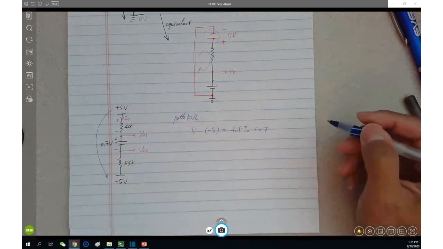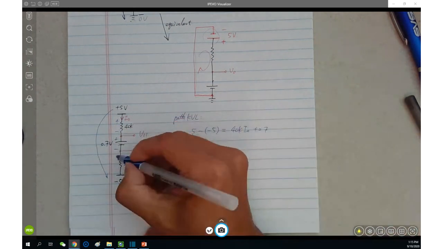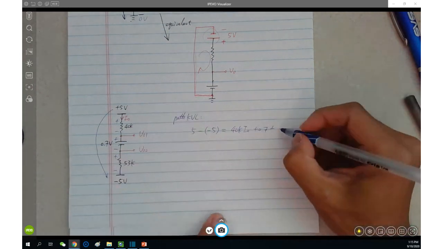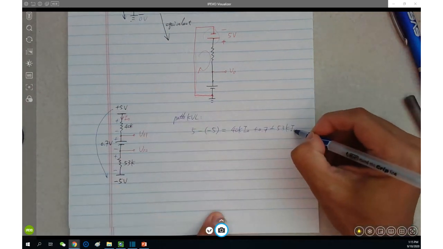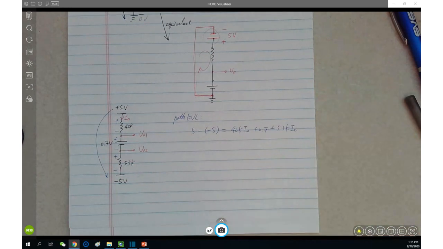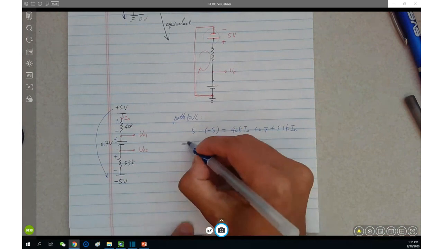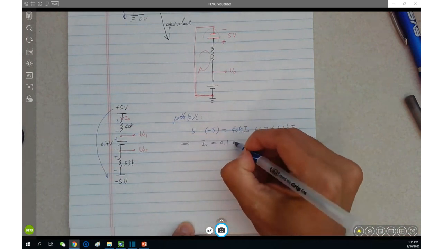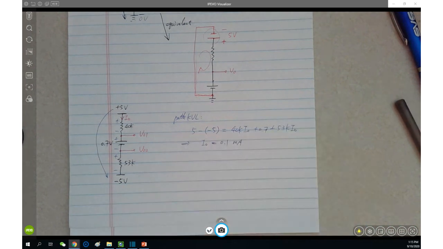Be very careful, the voltage polarity must be like this. And then plus the voltage across 53K. Once again, one equation, one unknown, enough for us to find I naught, and it turned out to be 0.1 milliampere. Any questions regarding I naught?